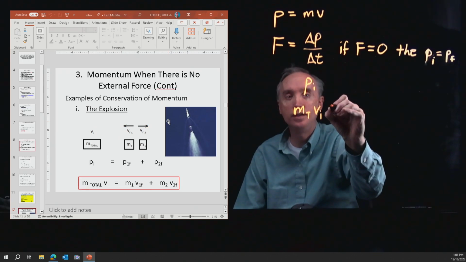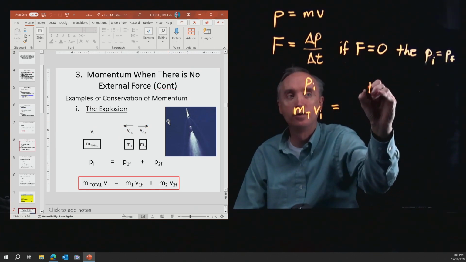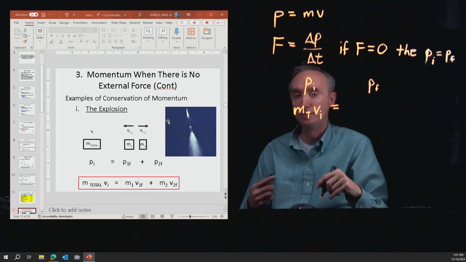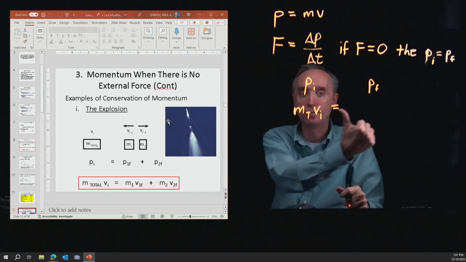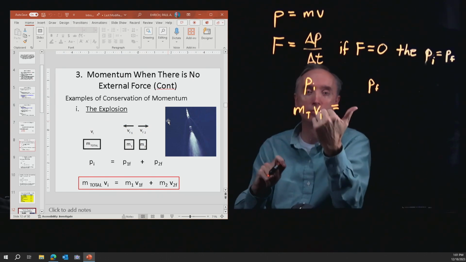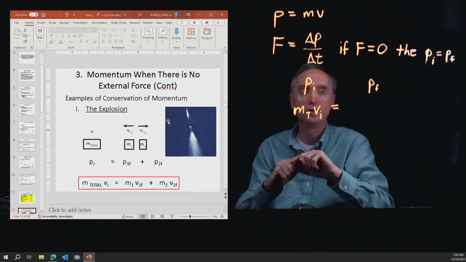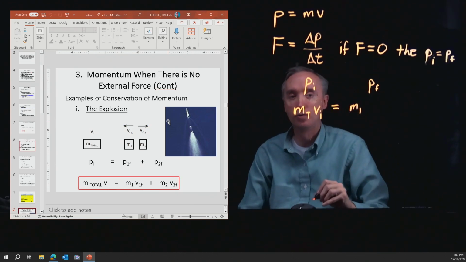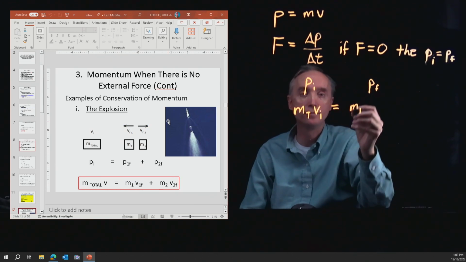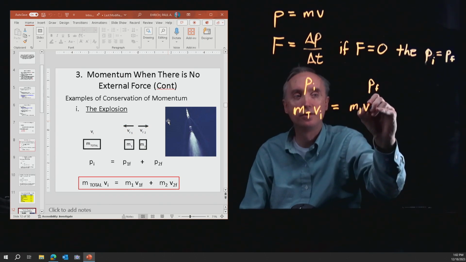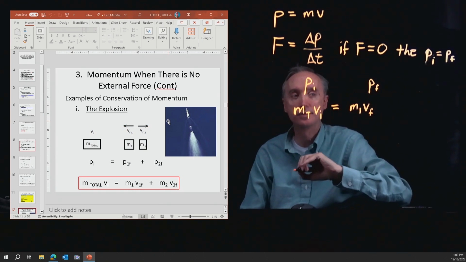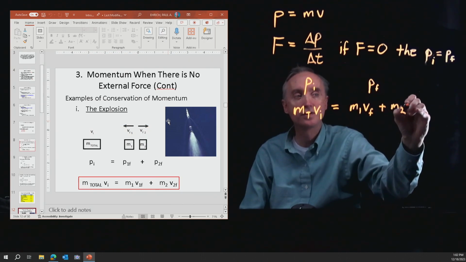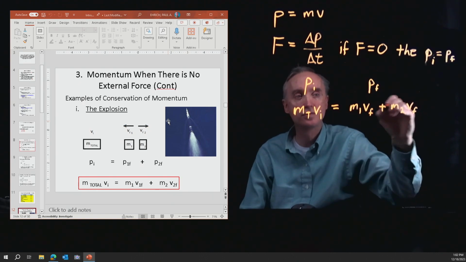And then that's going to be equal to their final momentum. But we have to break that apart into two momentums, because we have the momentum of the piece that went this way, and the momentum of the piece that went this way. So this is going to be mass number 1, which could be the blue or the red car, times the final speed of that cart, plus the mass of the second one times its final speed.